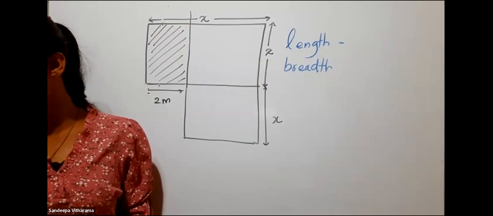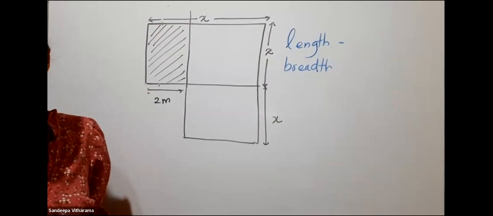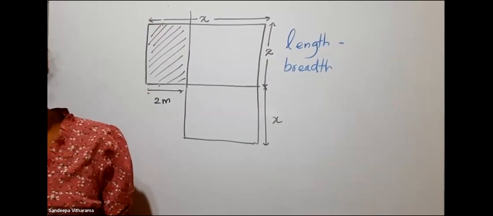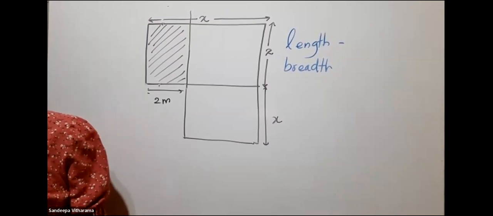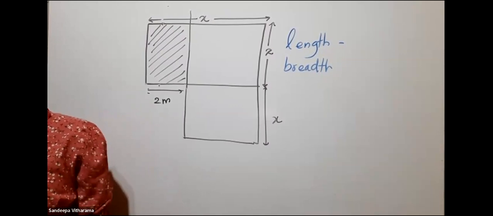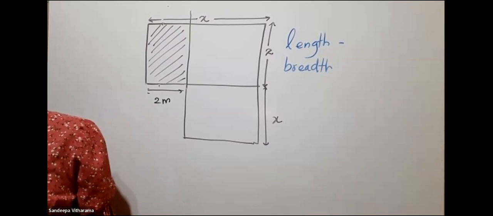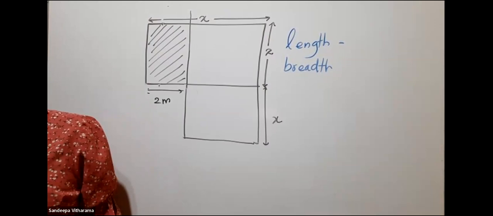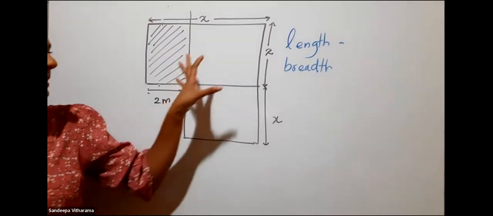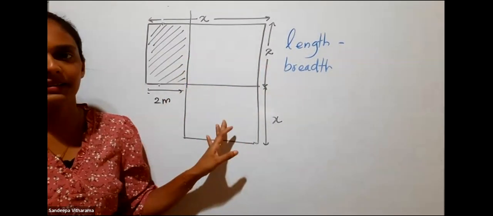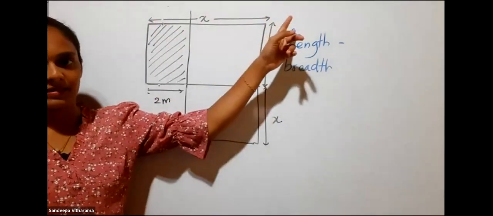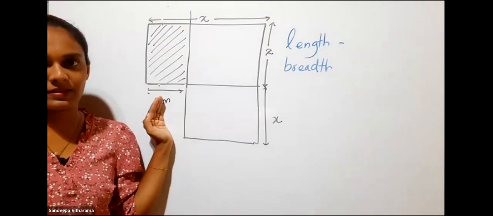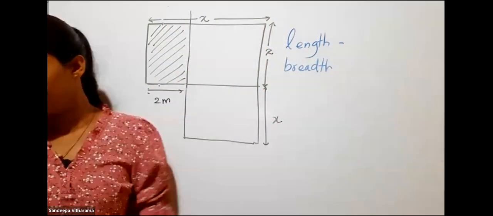Then what should be the length of the new or the remaining one? For the newly formed rectangle, the length was x and 2 was reduced. Then what is the length?